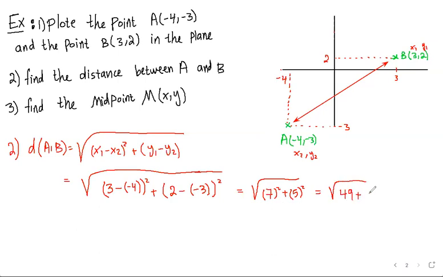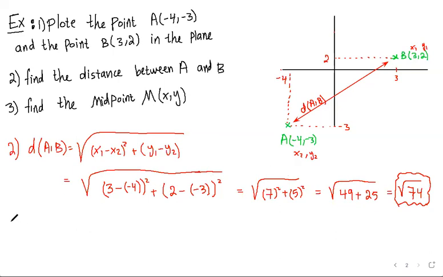So the answer will be square root of 74. It will be a decimal. We can simplify that, but we'll keep it like this. Make sense for everyone? So this is the distance between A and B, the distance between this point and the second point.